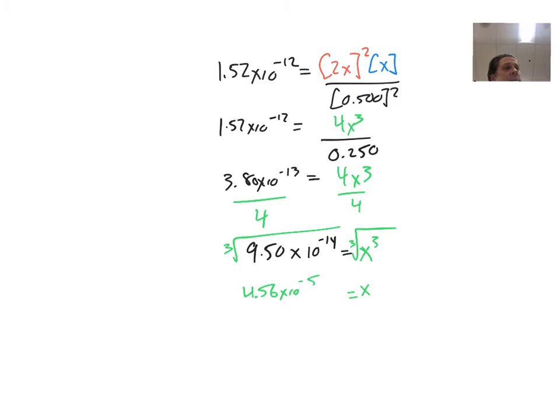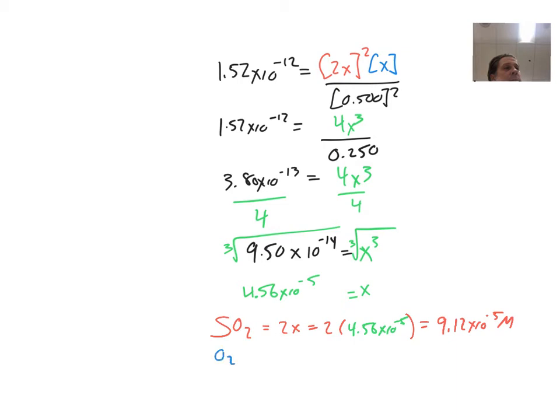So for SO2, it's going to be 2x, which will be 2 times 4.56 times 10 to the minus 5, which should give us a value of 9.12 times 10 to the minus 5 molar.